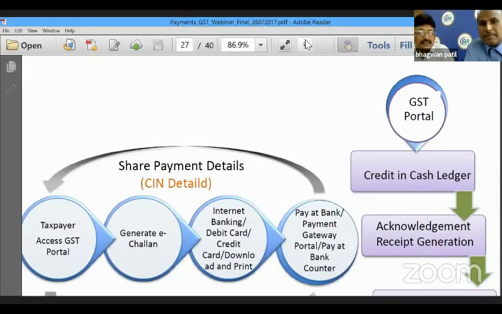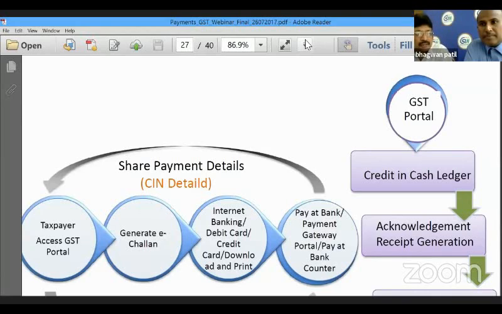When the transaction is completed, your amount has been debited from your account, but the bank has not communicated in detail to GSTN, the status of your challan will be shown as failed.